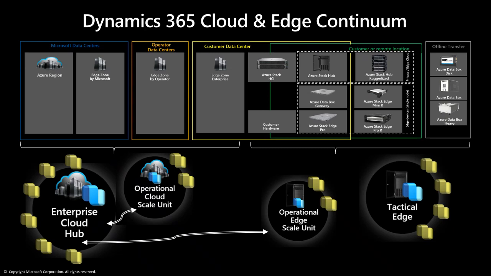Within these data centers, we now will also be having these edge zones available for these scale units at each of our various data centers around the globe for customers that choose to deploy these scale units. So either within that same data center as your hub, or as I mentioned, a global footprint across our data centers, you can also deploy these scale units in the cloud within Microsoft data centers around the globe.